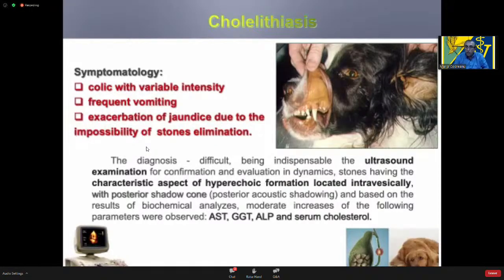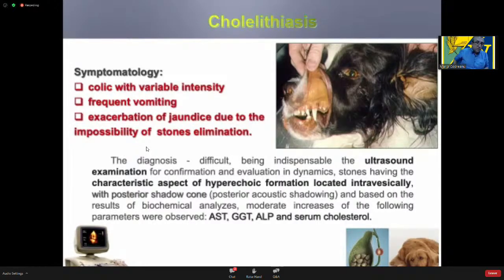Very often, the owner reports frequent vomiting of their patient. In the presence of jaundice, a progressive exacerbation of jaundice is registered, of course, due to the impossibility of stone elimination and disturbances in the flow of the bile content.